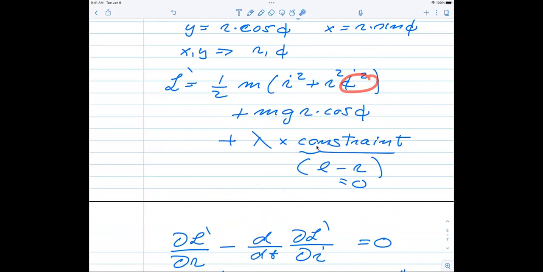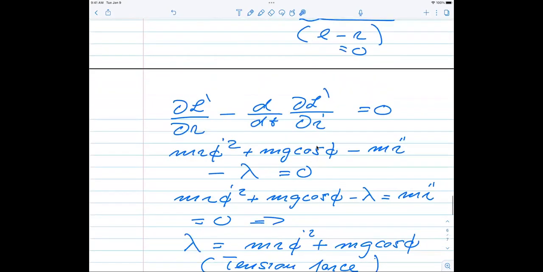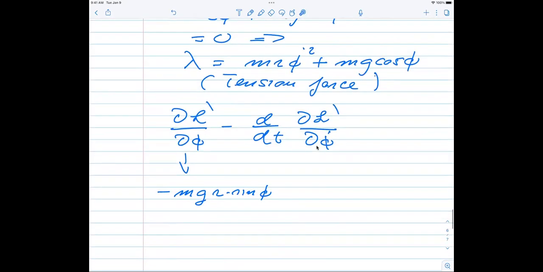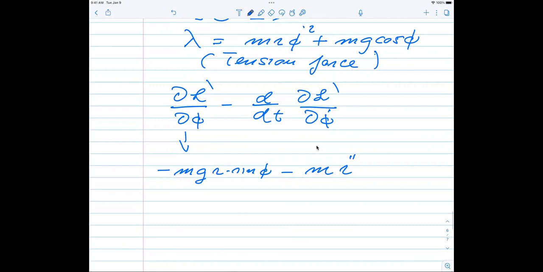So that gives me a 2 times a phi derivative multiplied with a half times m. And if I take the time derivative, then this is going to give me minus m times the term which runs like r dot. And this has to be equal to 0.